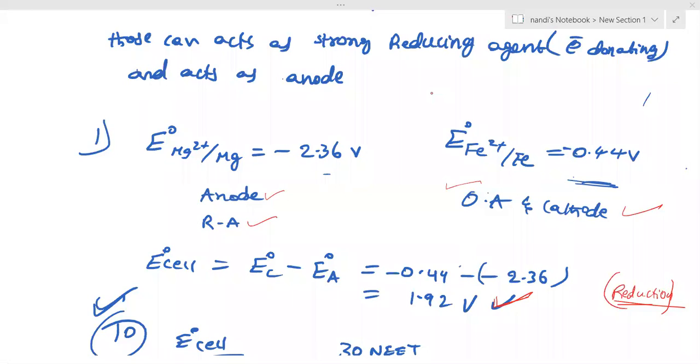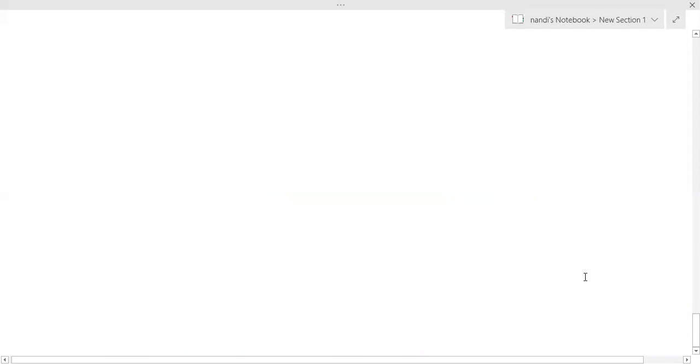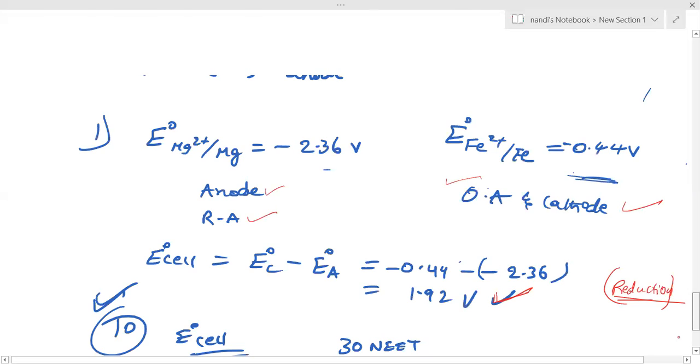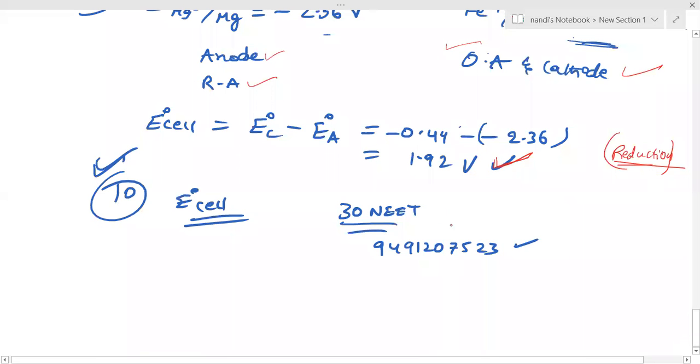Take, I am giving 2 values, from that you can give the answer. So what is the reaction at anode and cathode, sir? Can you write it? Reactions also. Which is anode here? Magnesium is anode.